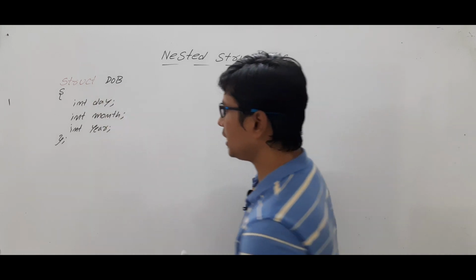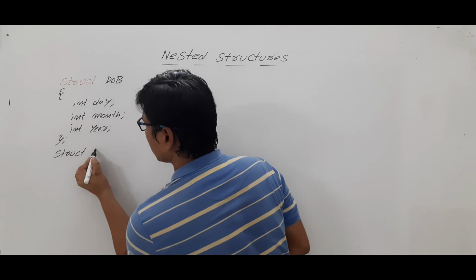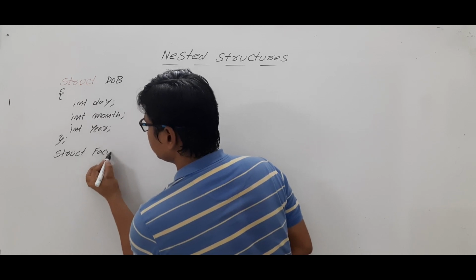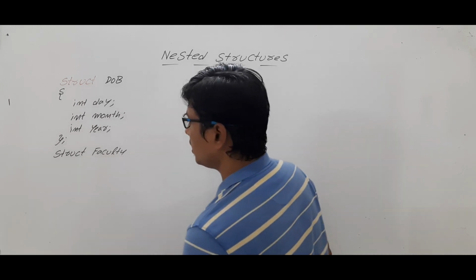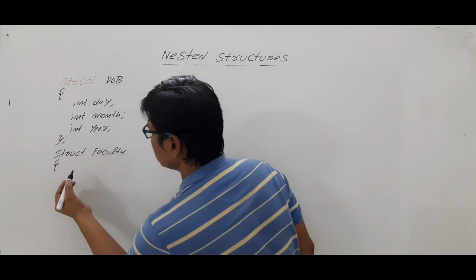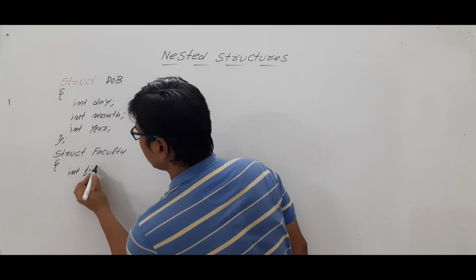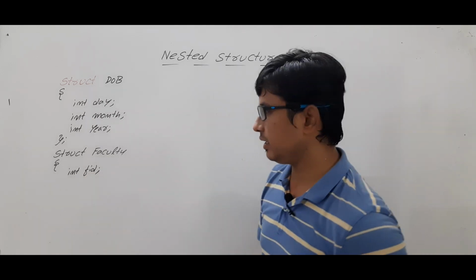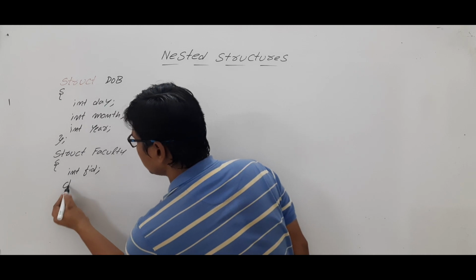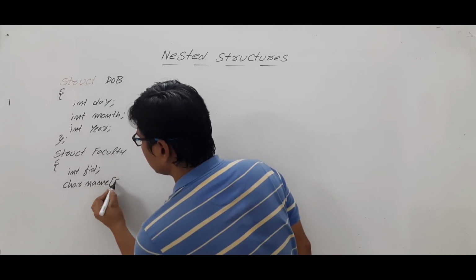DOB. Now I want to create another structure called faculty. Inside this one I want to create a few members, such as the faculty ID. Let me write int faculty ID, FID. Okay, and his name, so character array of size 50.